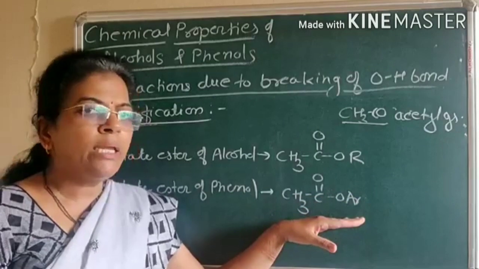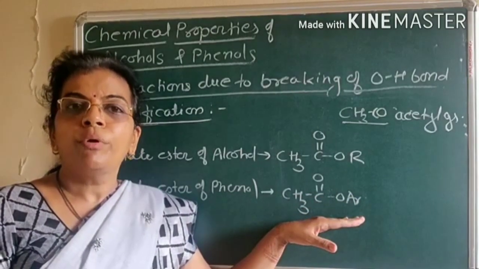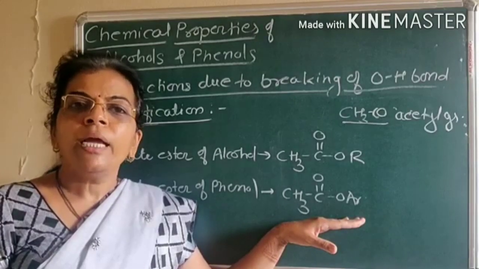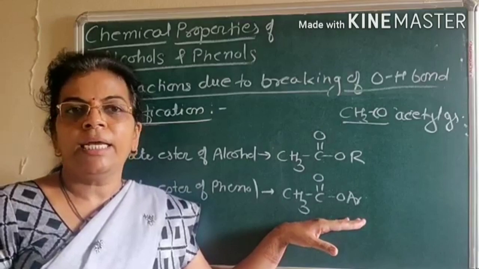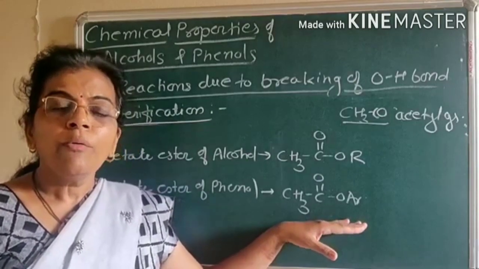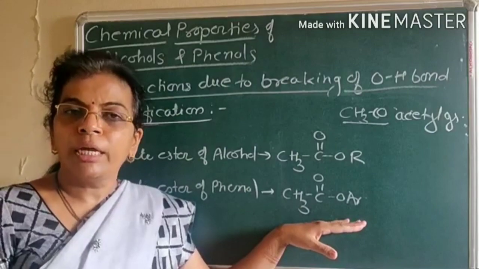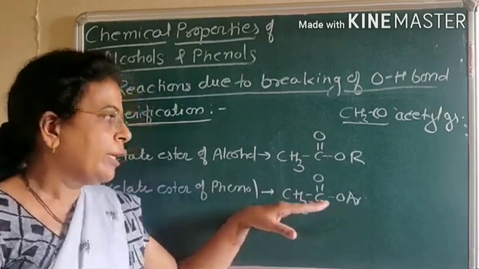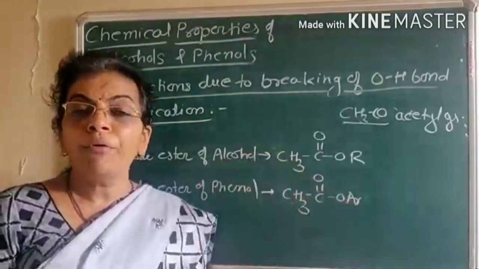Now these acetyl derivatives of alcohols and phenols are formed by the reaction of alcohols and phenols with acetic acid. When acetylation of alcohols and phenol is carried out, we get the acetate ester of the corresponding alcohol or phenol.